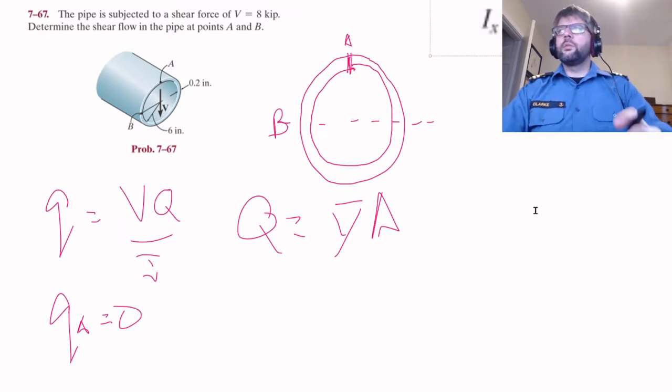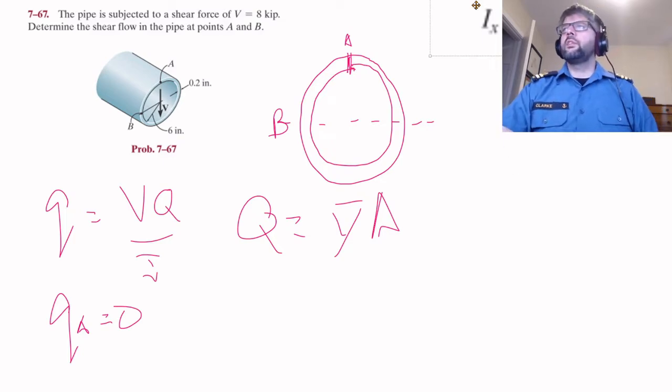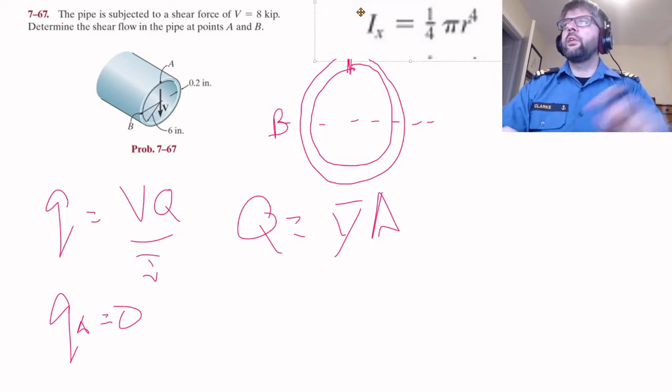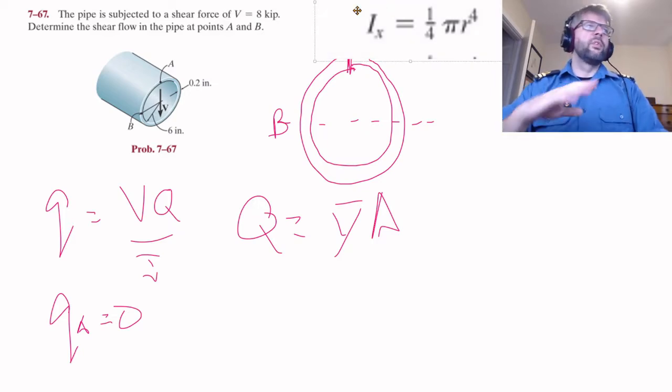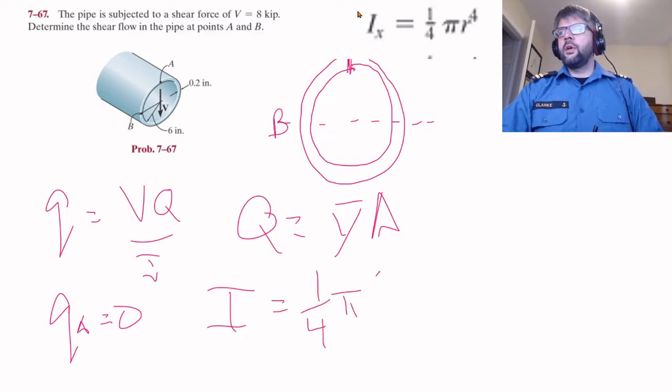So I is equal to 1 over 4 pi r to the 4th. Now that would be for the entire circle. If we want to figure out what it is for the tube, we just use I is equal to 1 over 4 pi, R_O to the 4th minus R_I to the 4th.